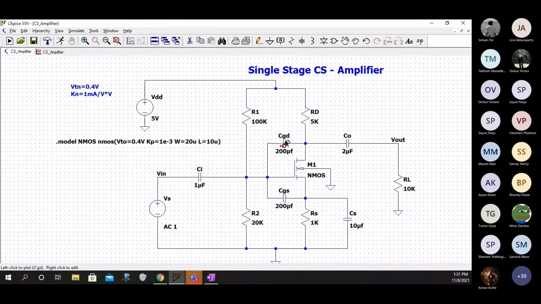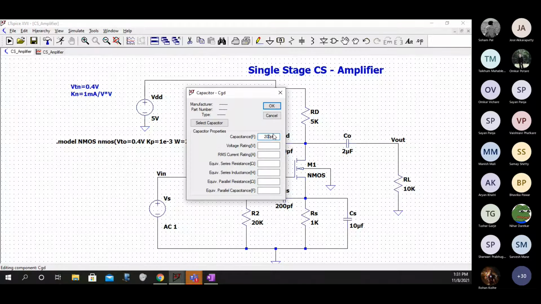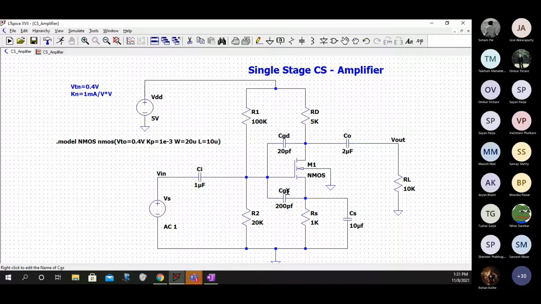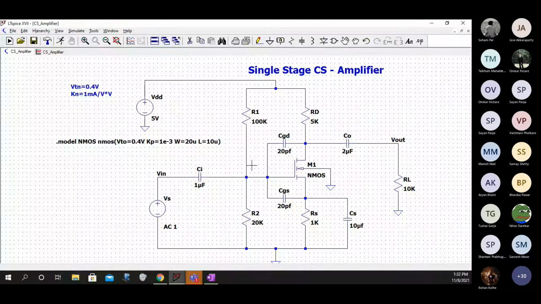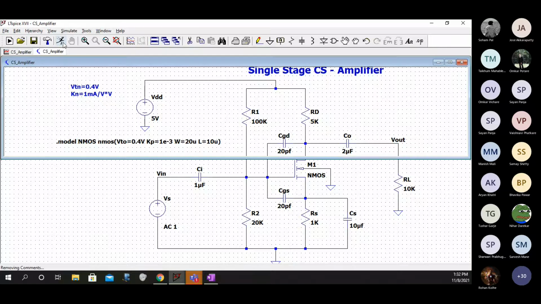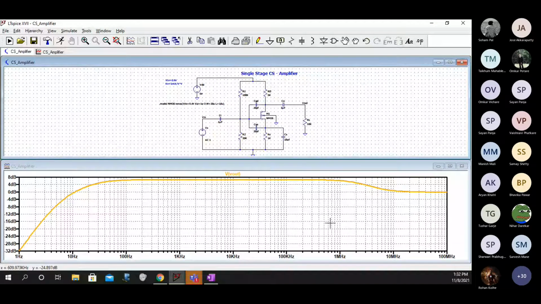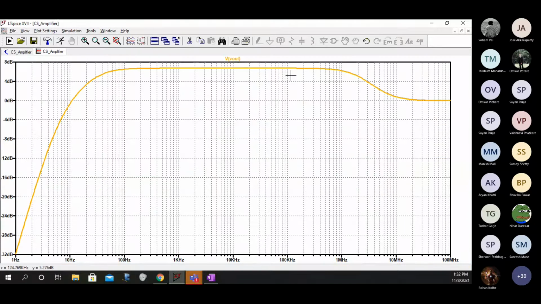So this should be as small as possible. Let's make it 20. Let's make this 20. And then simulate this. So now you can see that initially the fall was at 100 kilohertz.